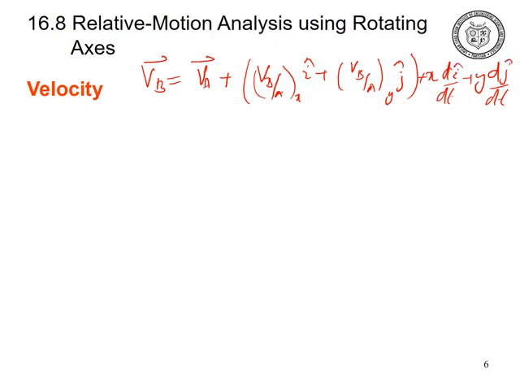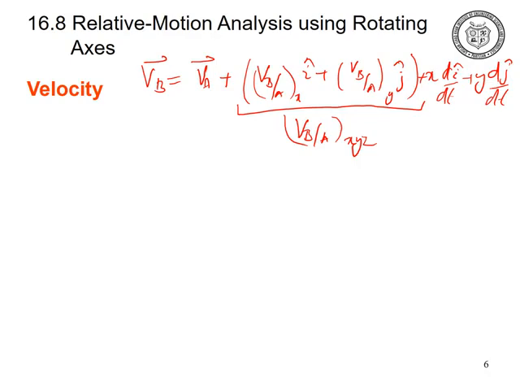Here i and j are the unit vectors. As these are the components of the velocity in the small x and small y direction, we can call this v_b with respect to a a whole velocity, as these are the components. So we can call this v_b with respect to a in the x, y, or z, if we take the third component as z.